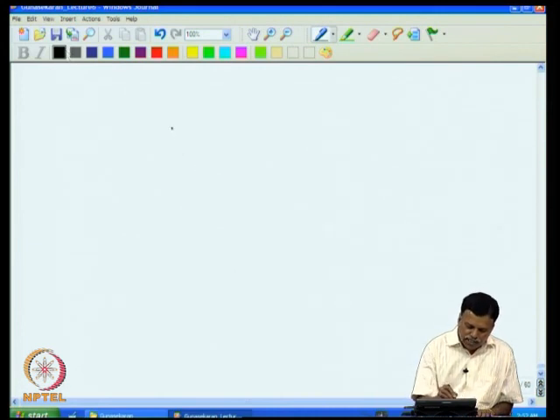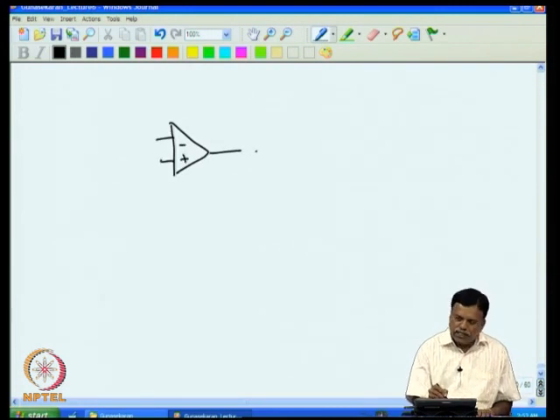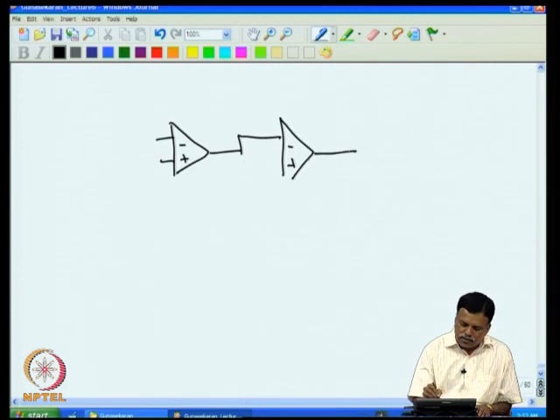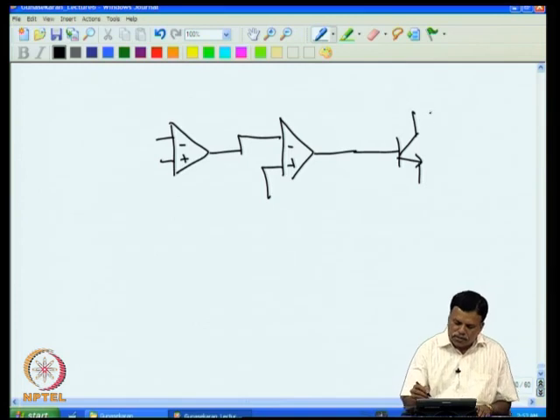What I can do is take the error voltage from here, and the error voltage can be further compared with another comparator, and that can act like a voltage regulator. Like for example, I can have here 300 volts.